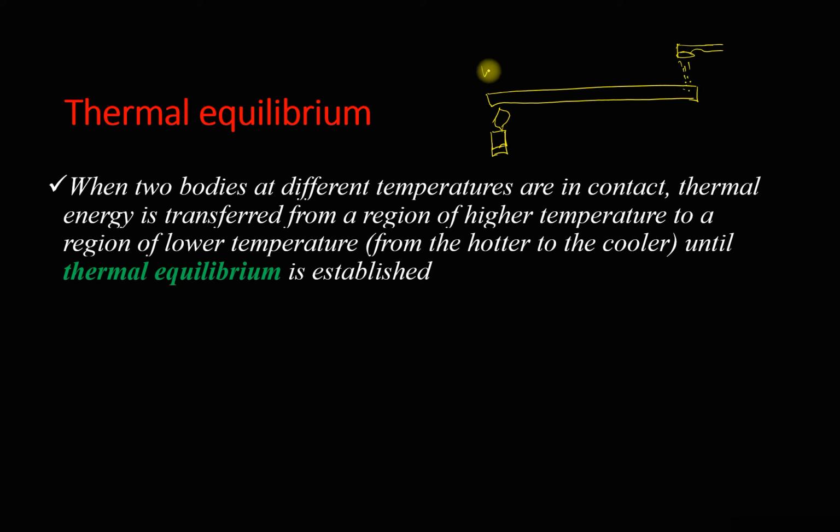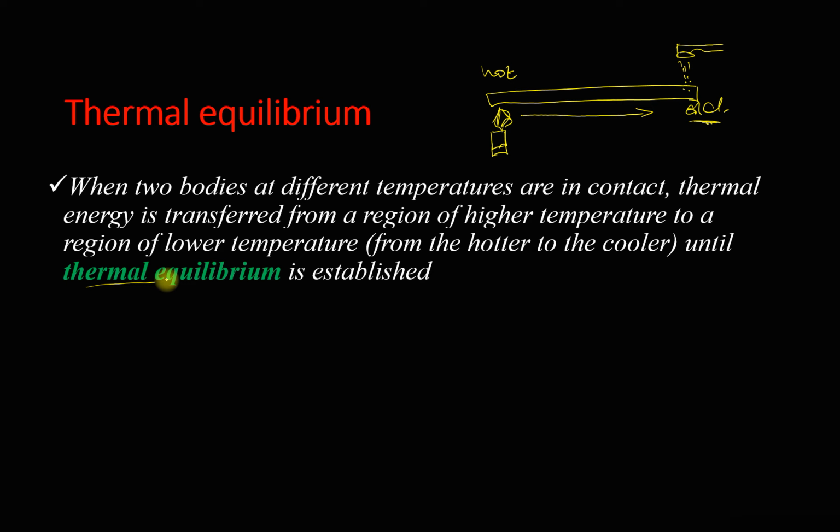So this end is going to be hot, and the other end is going to be cold. There's a difference in temperature between the left-hand side and the right-hand side. We expect that naturally heat is going to flow from the hot end to the other end, and heat will only stop flowing if the cold end is also at the same temperature as the hot end. At that point, we say thermal equilibrium has been established.